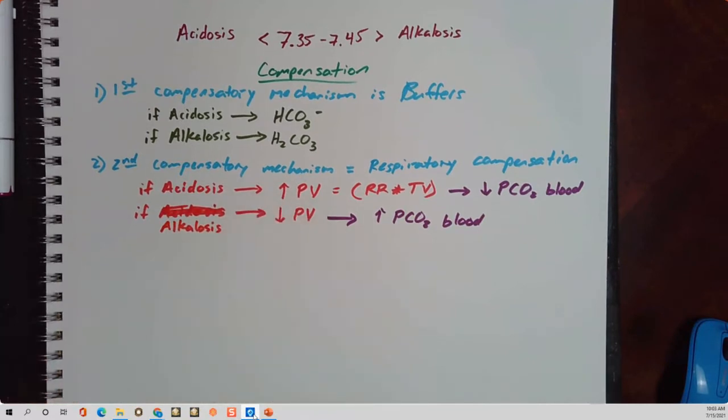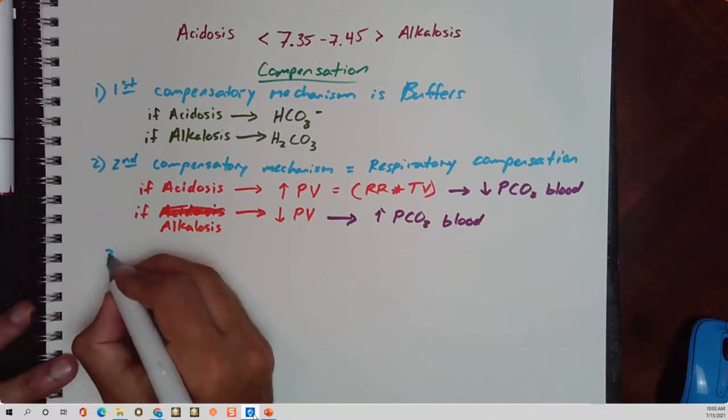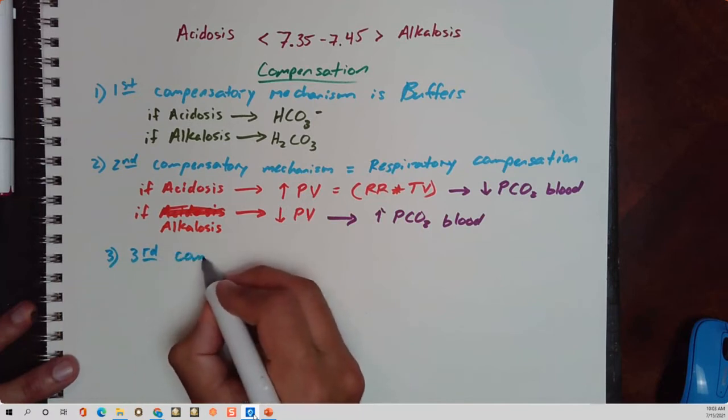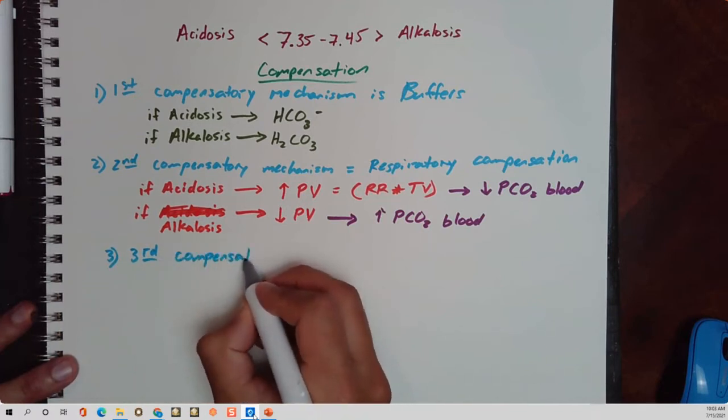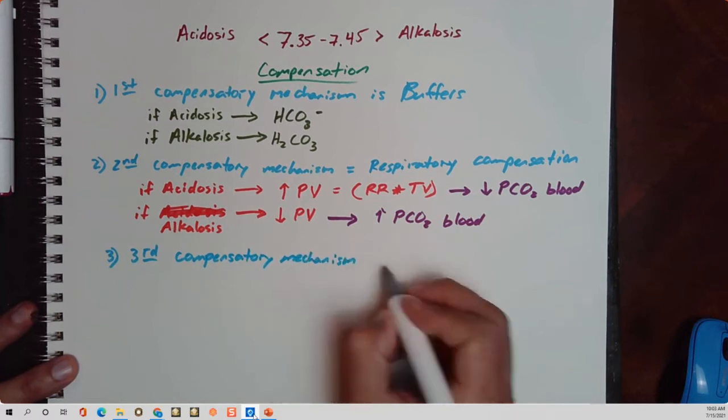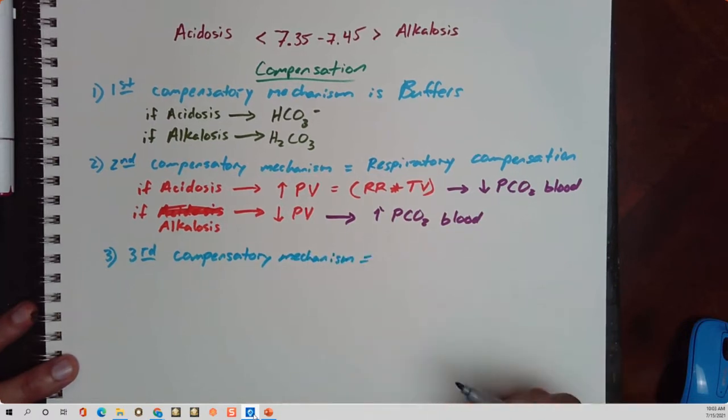Okay. Now, the third stage of compensation. This is the final stage of compensation. This is going to be trying to fix the problem in 30 minutes, an hour, days. Depends on how long the acidosis and the alkalosis sticks around.